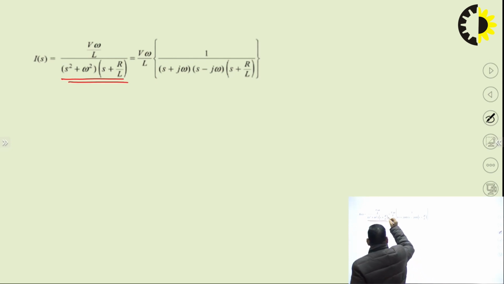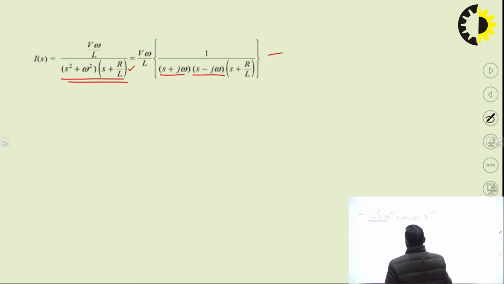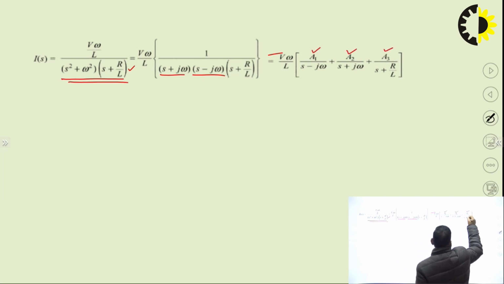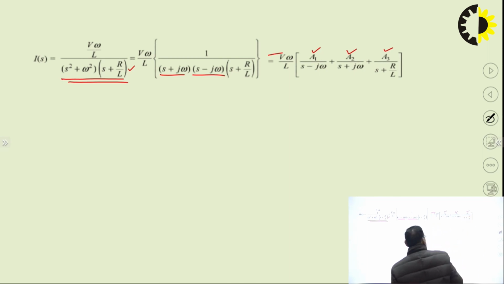So, there is a pole at s equal to minus R by L, and there is a complex conjugate pole. So take the partial fraction expansion here. This is V omega by L. This is the term for the s equal to minus R by L pole.